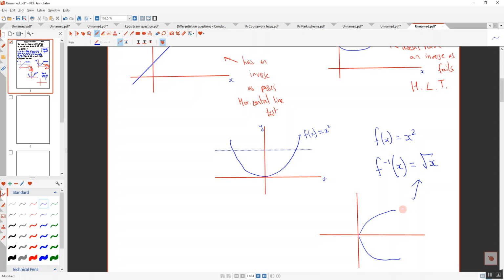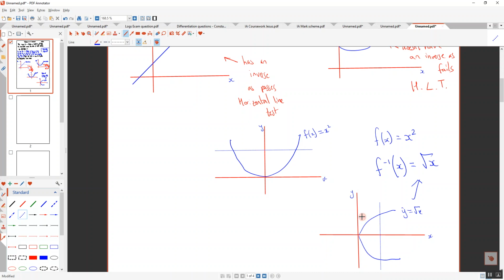So this is the graph of y equals root x. Now, is this a function? No, because it fails the vertical line test. So even though we can algebraically work out what the inverse is, it doesn't necessarily mean that the inverse is a function.